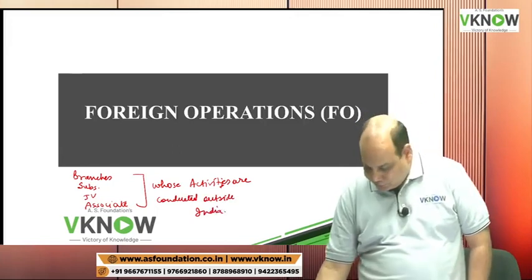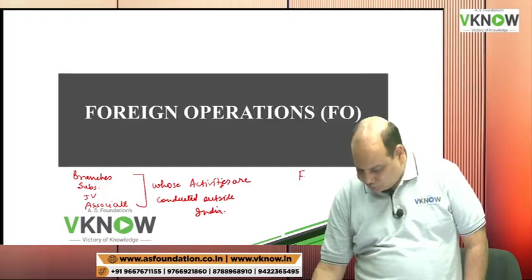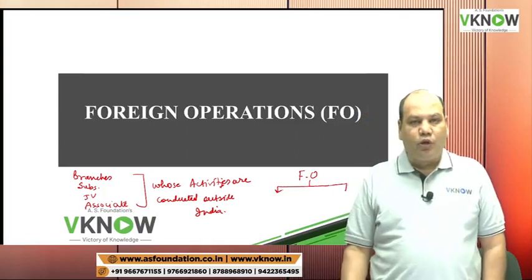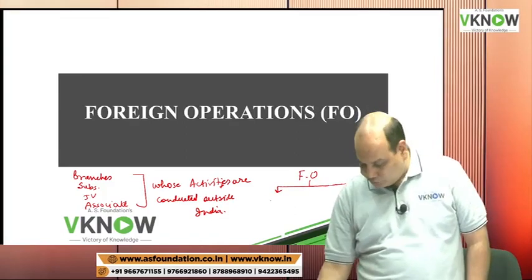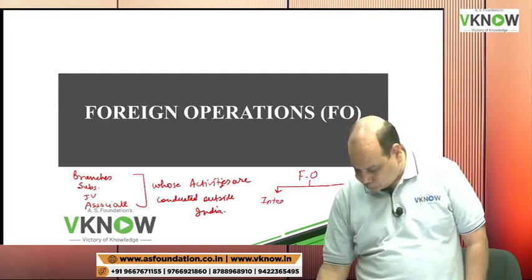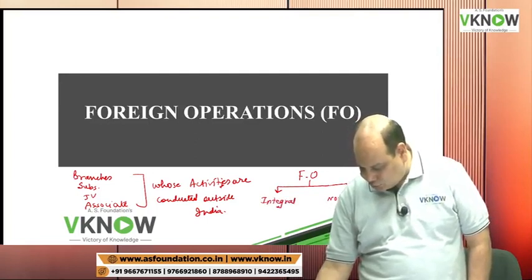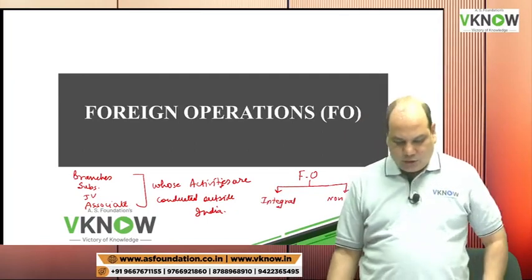And next thing is which we have learned that these foreign operations are of two types. For accounting purpose, foreign operations will be of two types. One is called integral and the second is called non-integral.